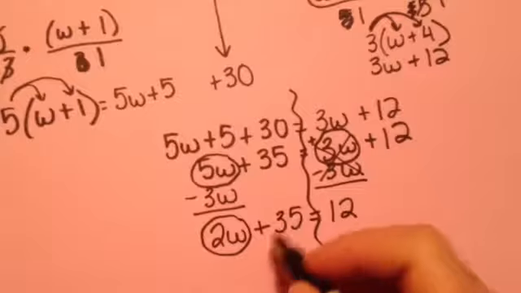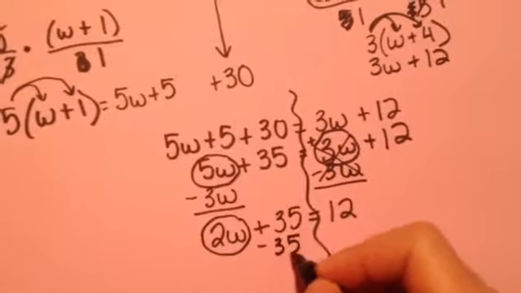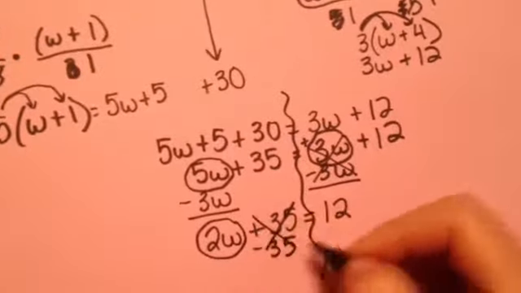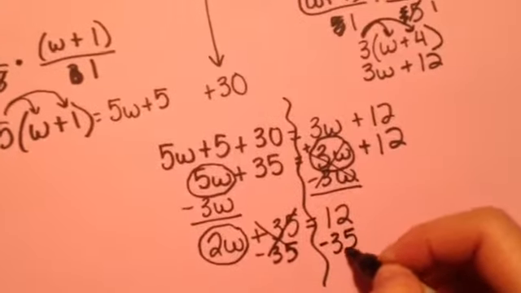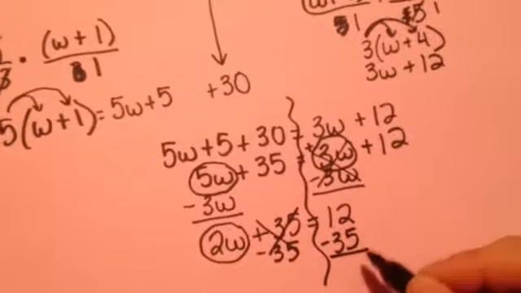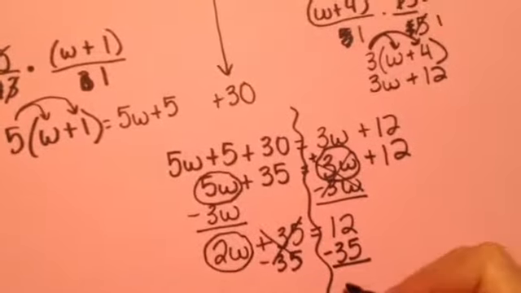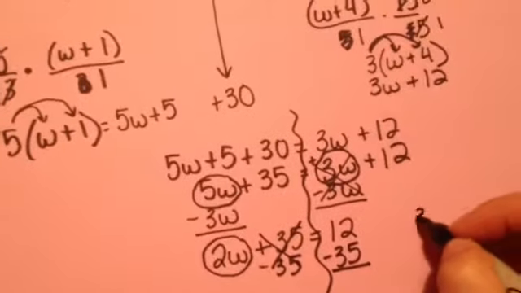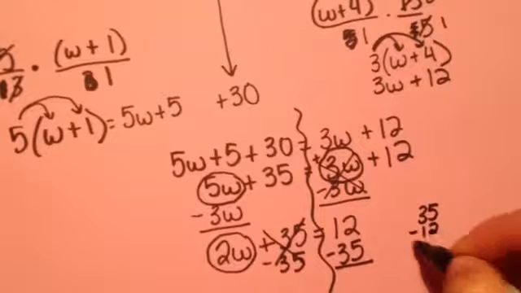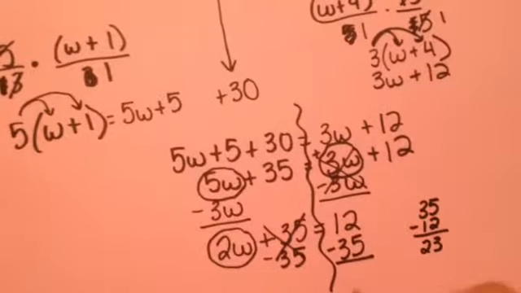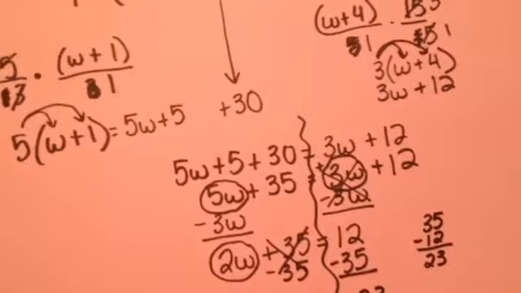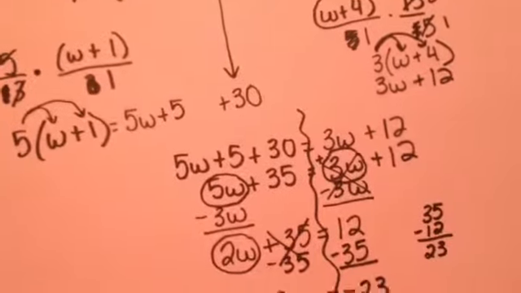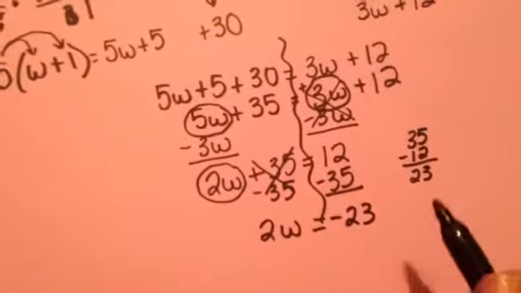I'm going to get rid of this 35 and move it to the other side. So I subtract 35, and that becomes a 0. Whatever I do to one side, I do to the other. Positive 12 and a negative 35, when I subtract them, give me a negative 23. So now I have 2w equals negative 23.